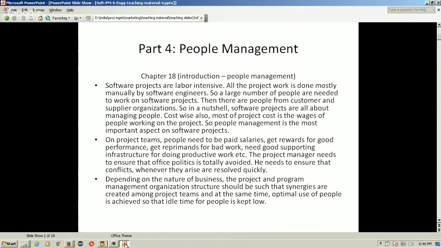He needs to ensure that conflicts, whenever they arise, are resolved quickly. Depending on the nature of business, the project and program management organization structure should be such that synergies are created among project teams and at the same time, optimal use of people is achieved so that idle time for people is kept low.